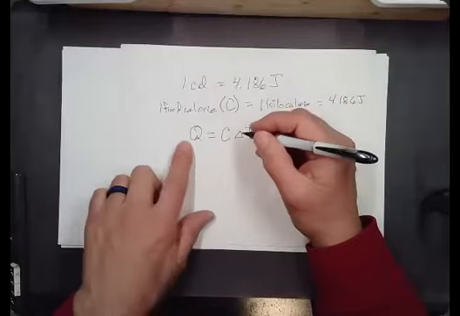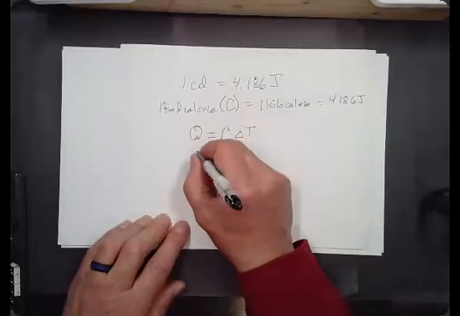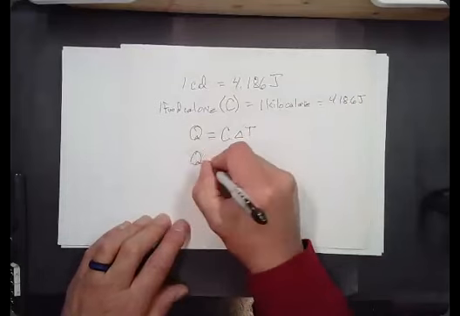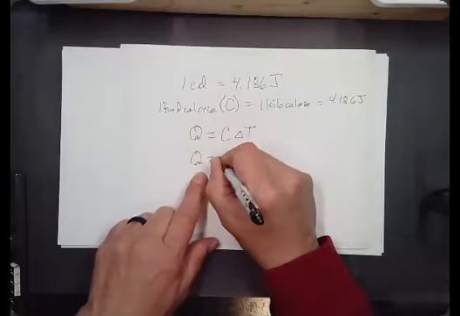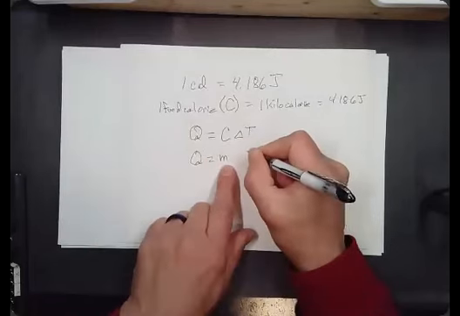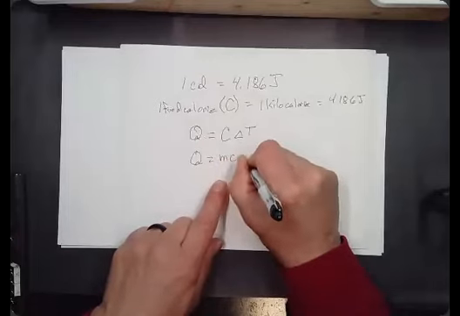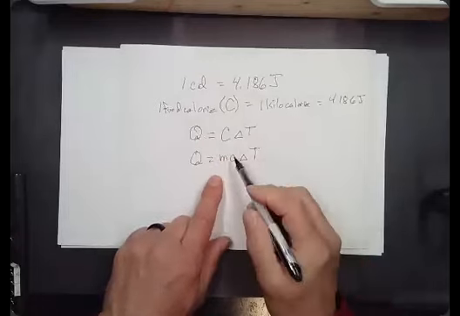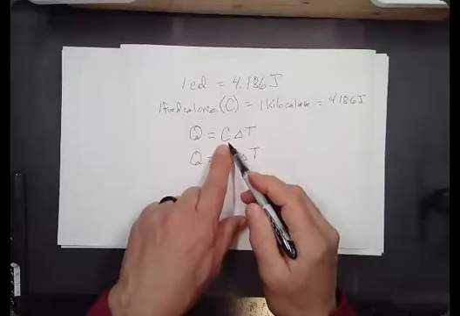But what we'll use more often is specific heat. If we want to know the energy required to raise the temperature of some mass by some temperature difference, we'll use a lowercase c and a delta T. And this little mc would equal that capital C.